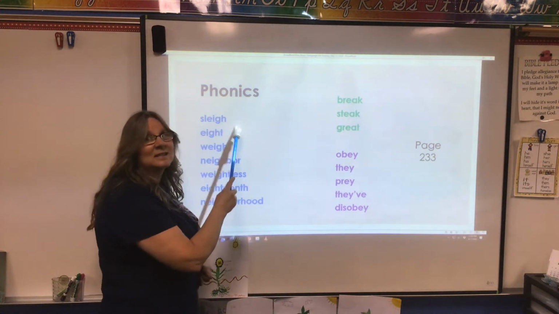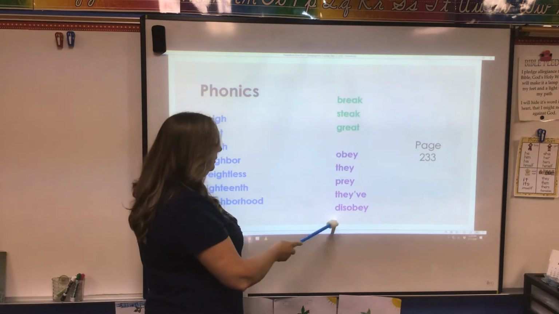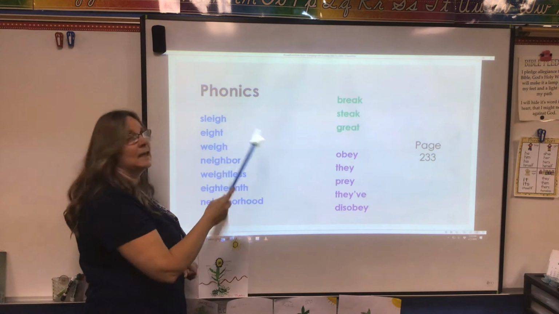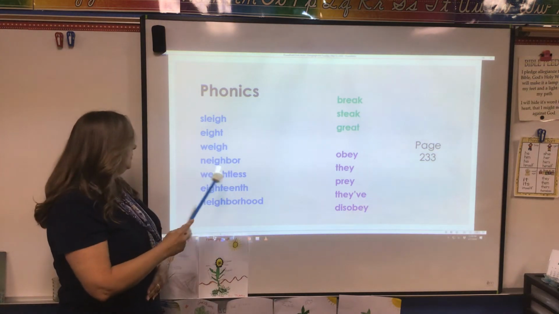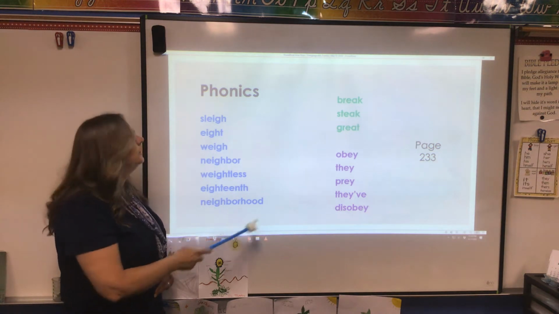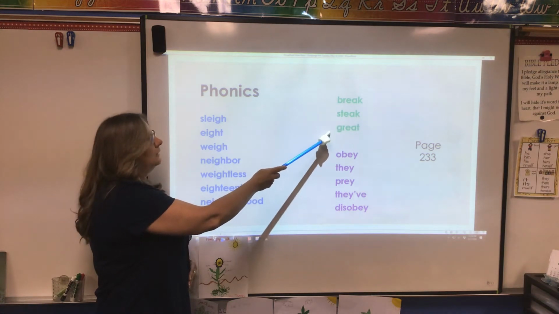All of these have the E-I-G-H, all of these have the E-A, and all of these have the E-Y. So we have sleigh, ate, weigh, neighbor, weightless, 18th, and neighborhood. And then we have break, steak, and great.